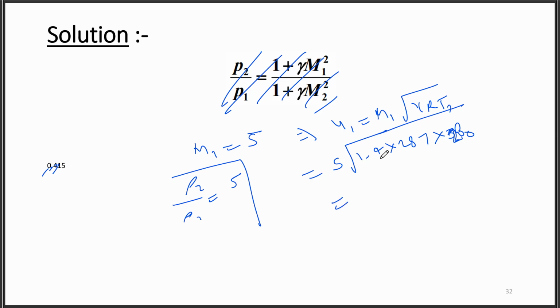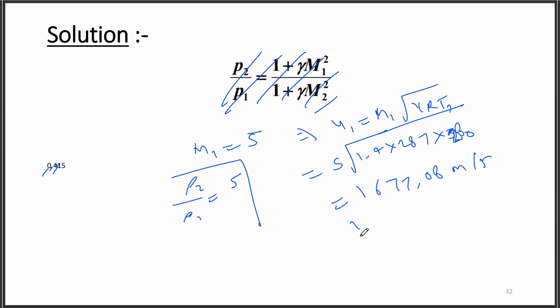If you put this value in the calculator, we'll get a value of 1677.08 meters per second.